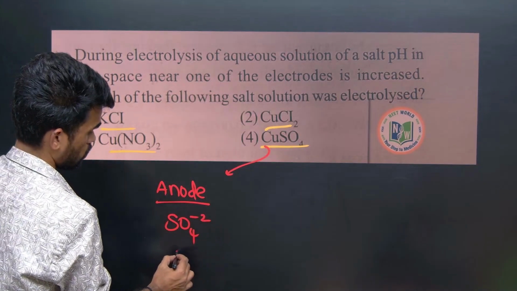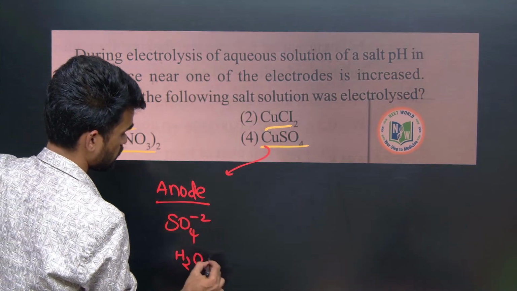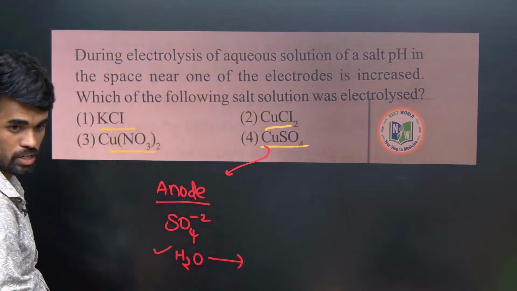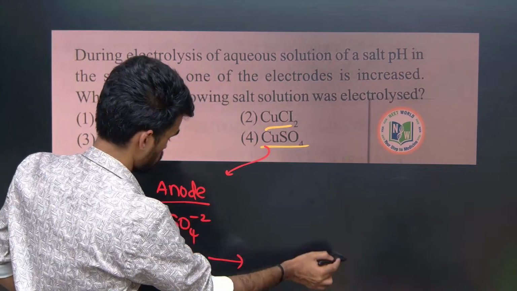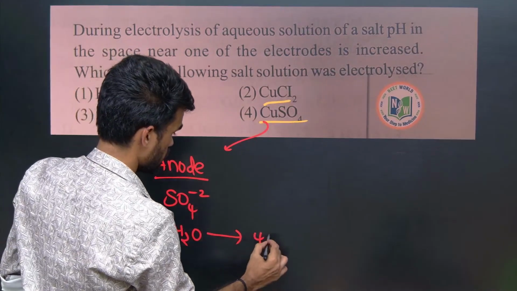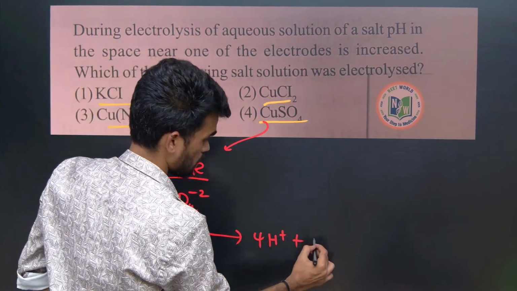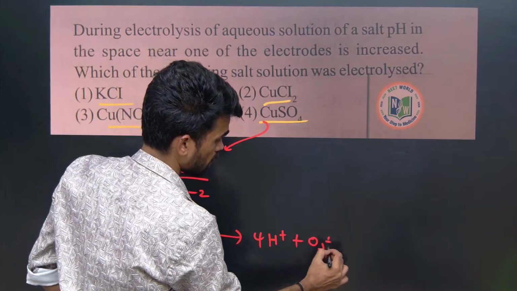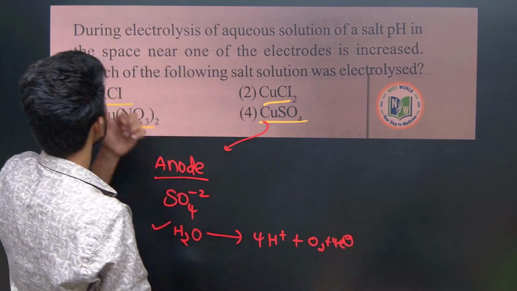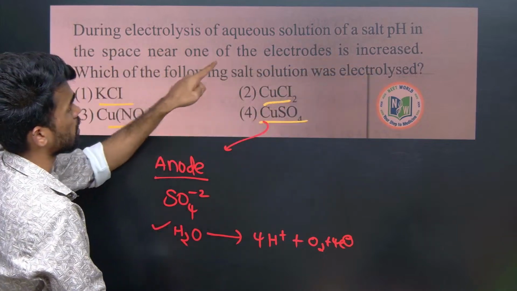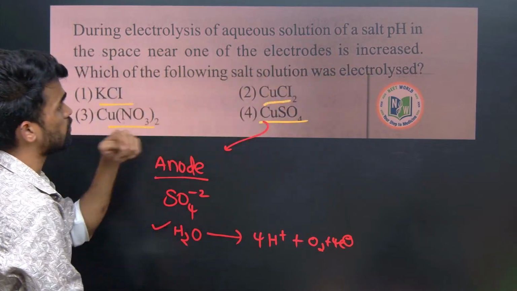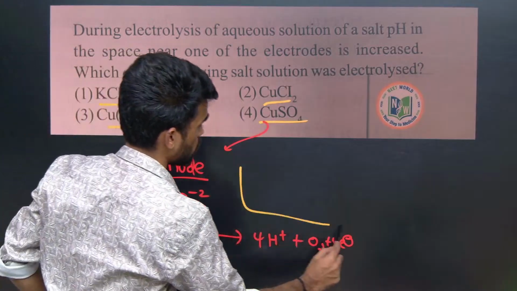OH minus. Out of this, only oxygen from OH minus will deposit. So here we'll get 4H plus, O2 and 4 electrons. They are saying in electrolysis of aqueous solution, pH in the space near one of the electrodes is increased. Which of the following solutions was electrolyzed? Okay, this is at anode.